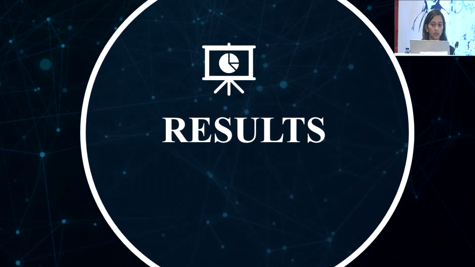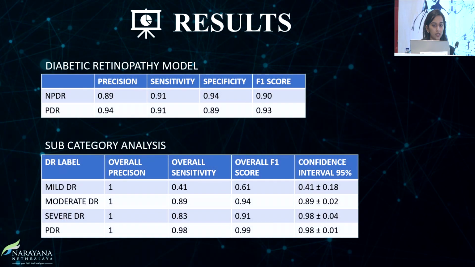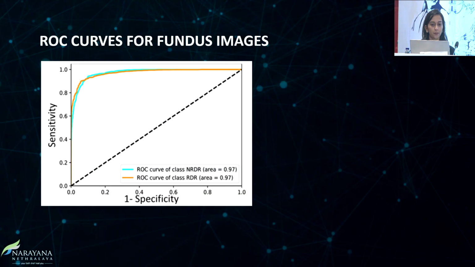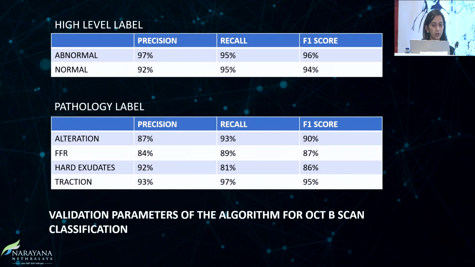Using this model, we saw that the precision and the sensitivity for grading the non-proliferative and proliferative diabetic retinopathy was approximately 0.9 and above, while the sensitivity was a little less for mild diabetic retinopathy. For severe and proliferative stages, the AI was comparable in identifying these cases. This is the ROC curve for the fundus images and the precision and recall values for different pathologies that were seen.